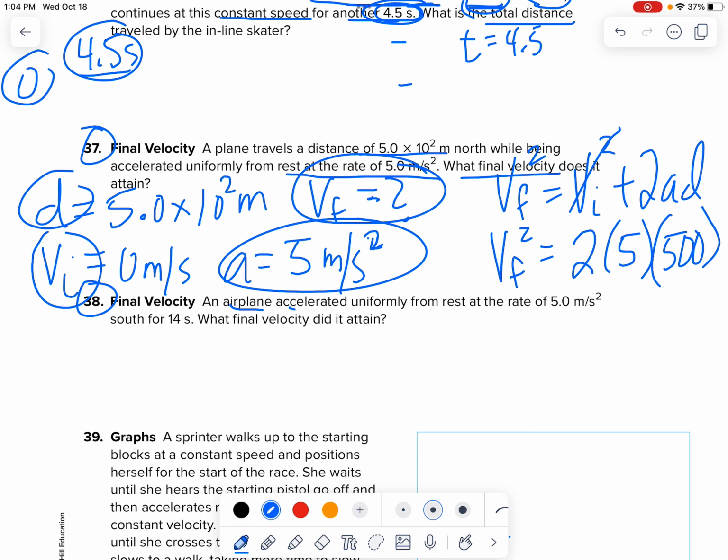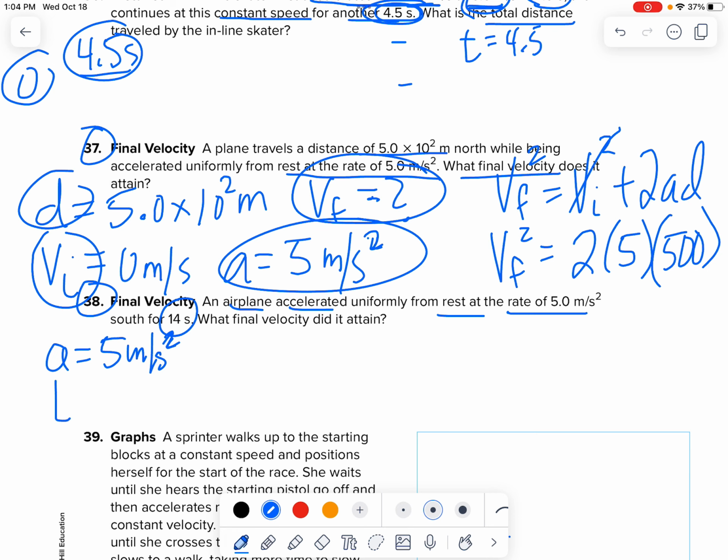An airplane accelerated uniformly from rest at a rate of 5 meters per second squared, so they're giving you the acceleration. After 14 seconds, what is the final velocity attained? It's the same type of problem, but we're going to use a different equation.